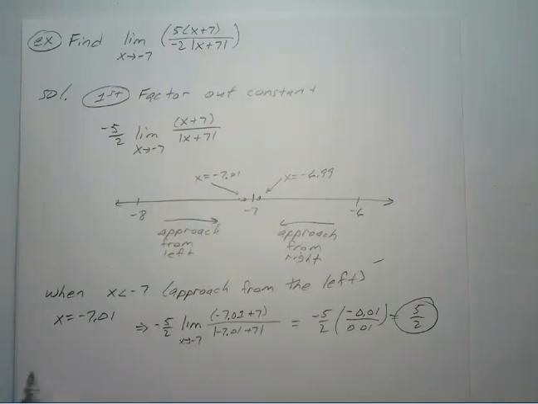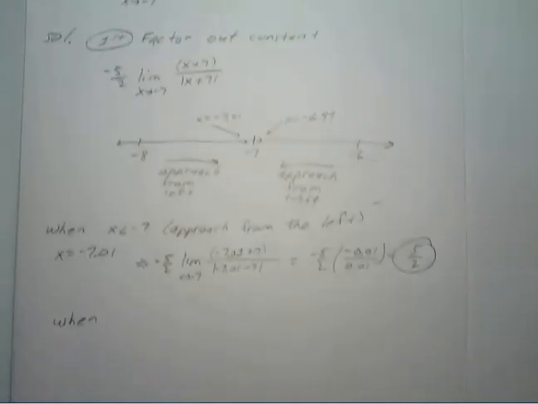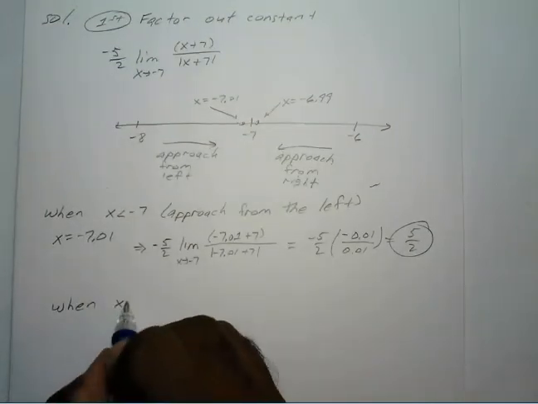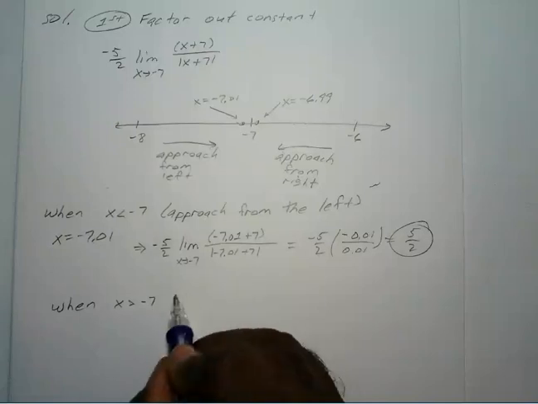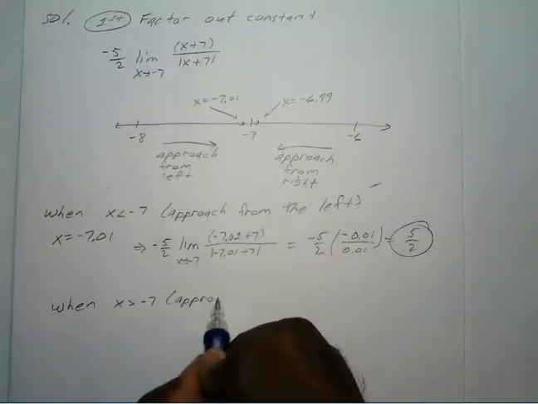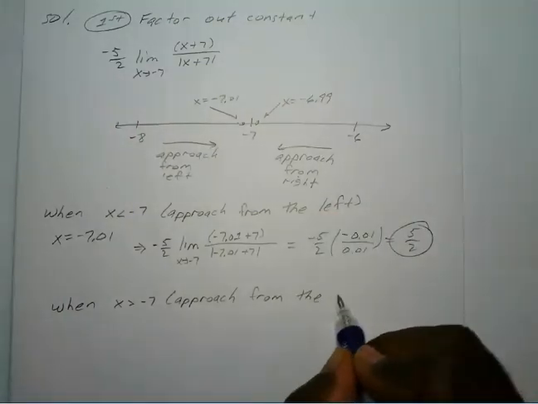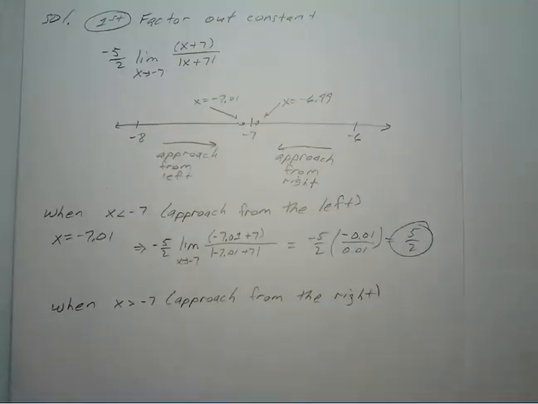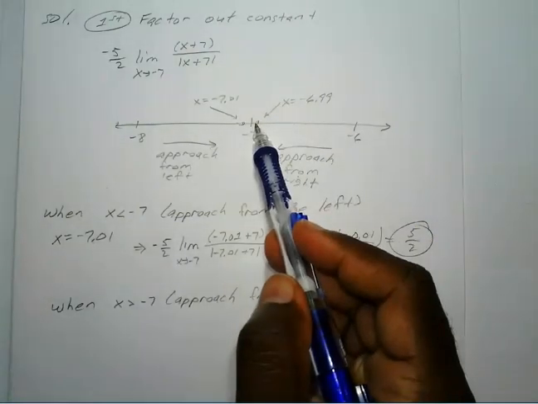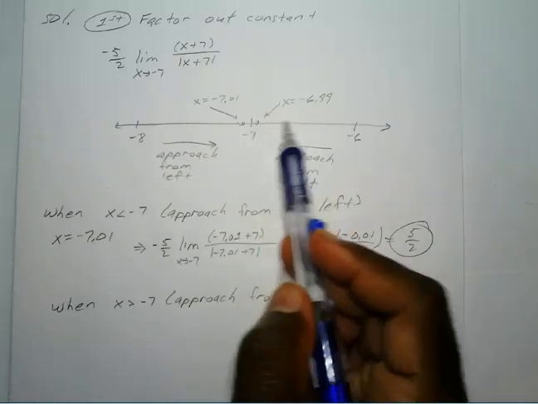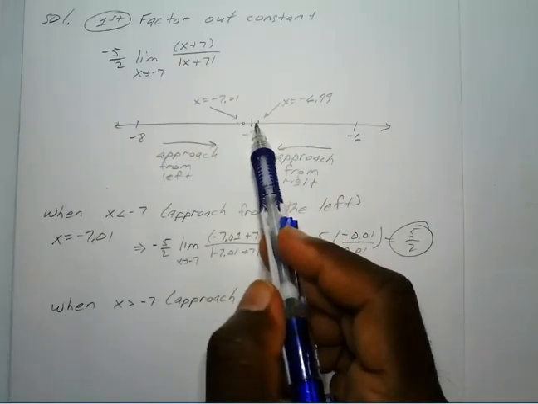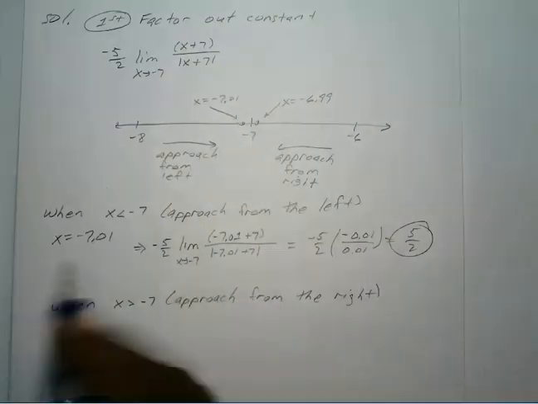Alright? So what about when x is greater than negative 7? Approach from the right. Okay, so when we're approaching from the right, instead of going each individual one, we're just going to start at a value really, really close to negative 7 on the right, which is negative 6.99.